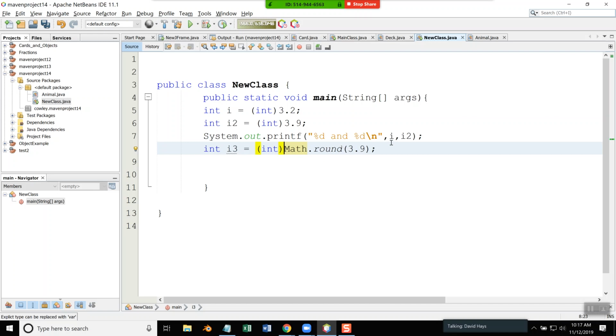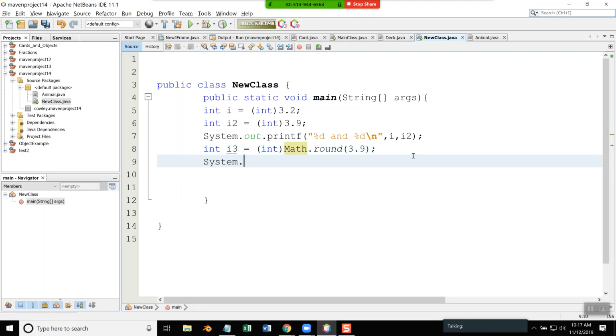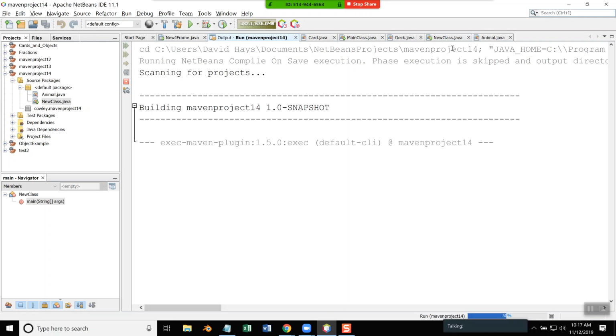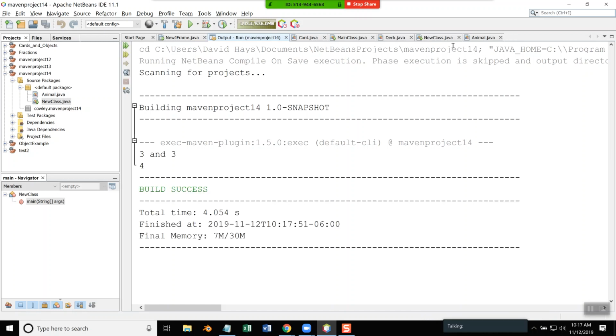So let's put an int on there. And run it. And it gives us 4.